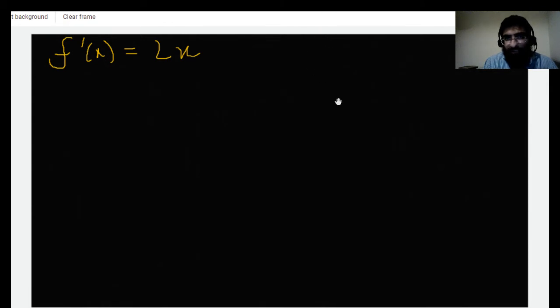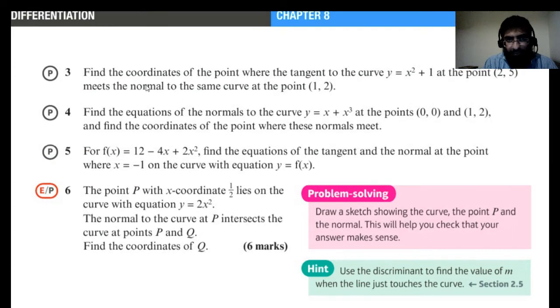You have to find the equation of the normal, right? What do you have to find? Find the coordinates of the point.